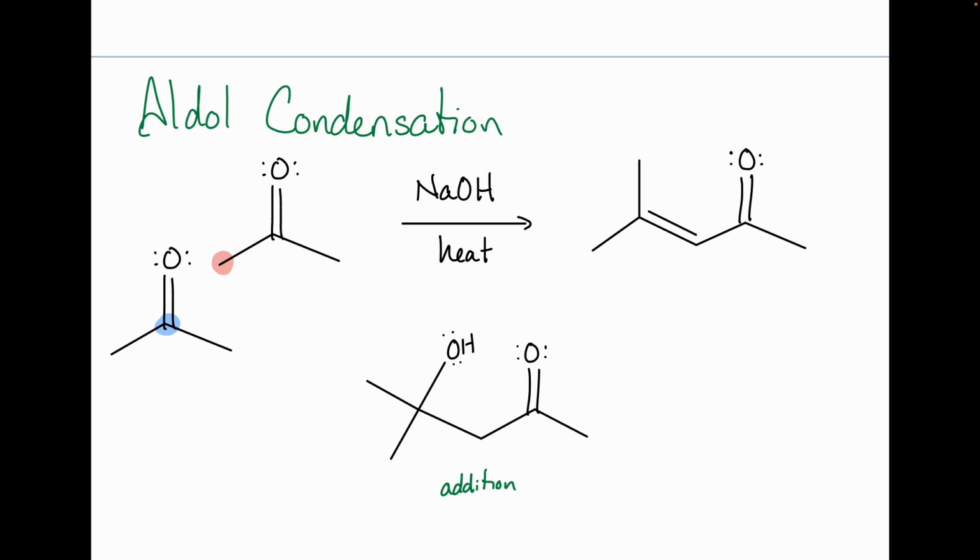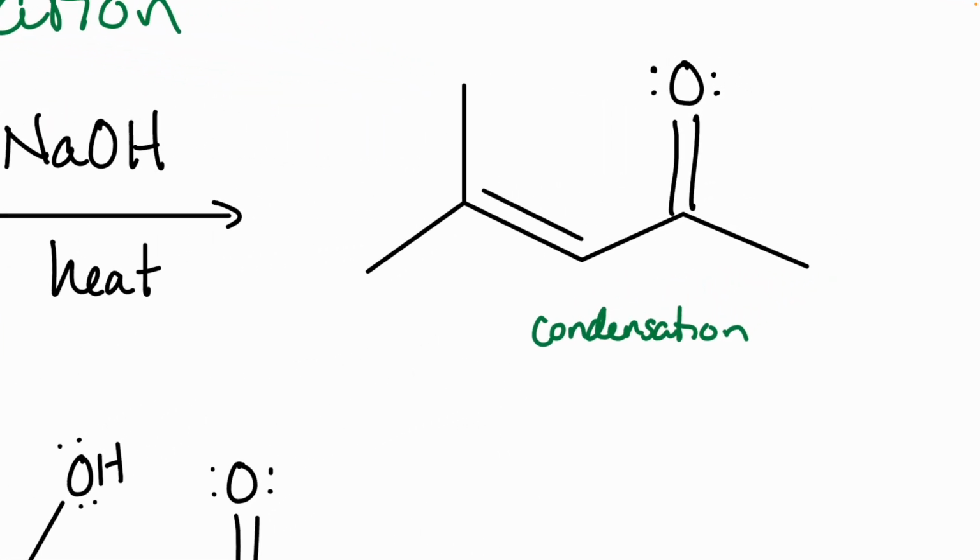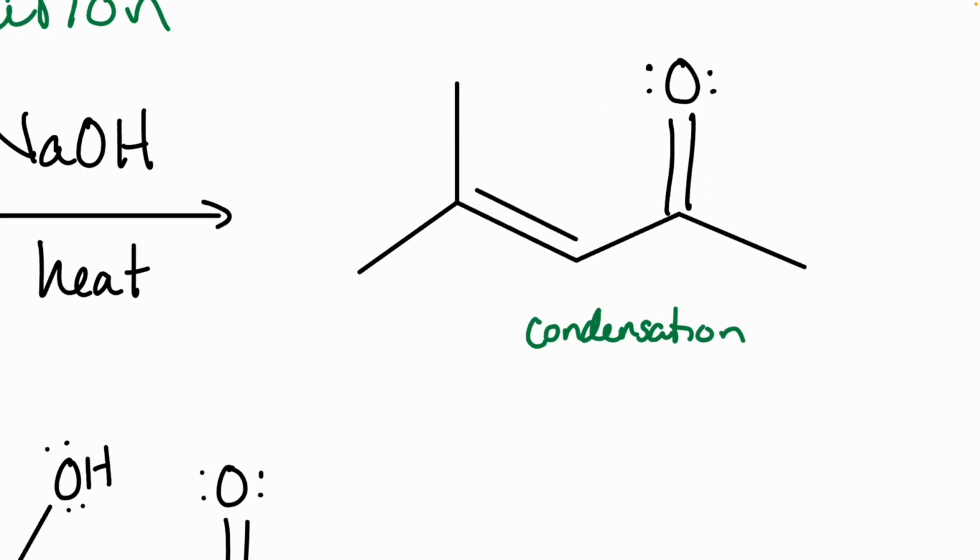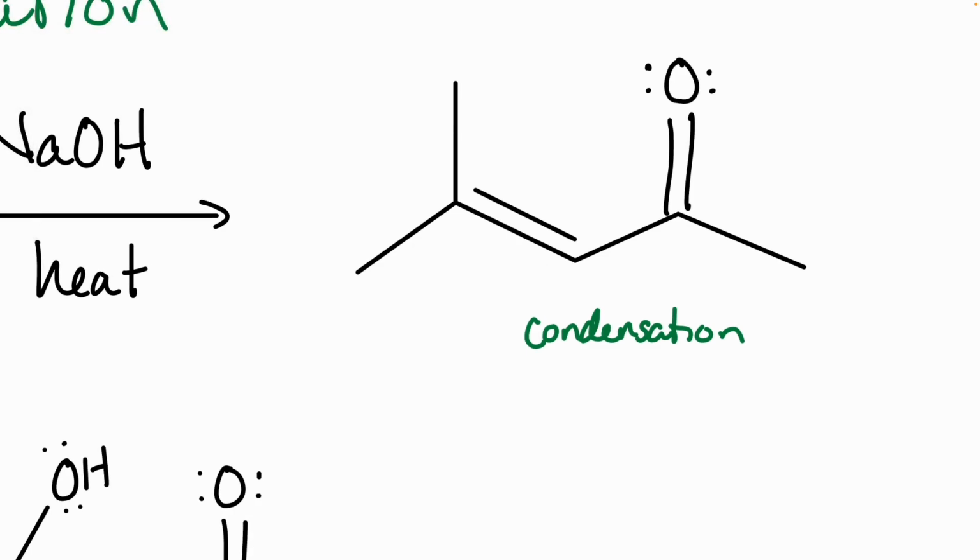Since we have heat, this is our condensation product. And again, what I'm trying to point out here is notice that this condensation product has exactly the features of a Michael acceptor.